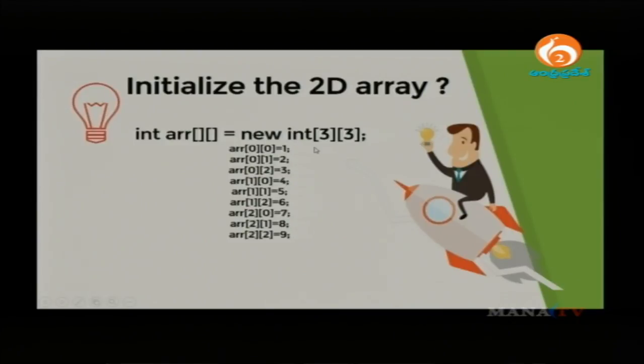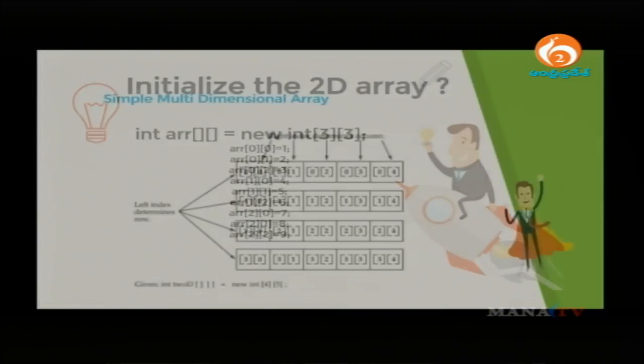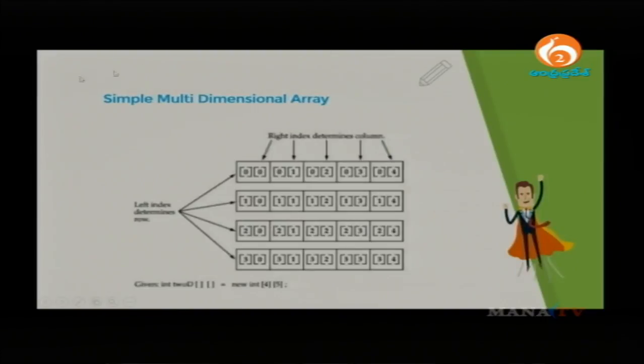First I'll show you a basic thing, how the categorization of this works. See this simple multi-dimensional array and how it looks. The positions are 0,0, 0,1, 0,2, 0,3 and 0,4. How many columns do we have? 1, 2, 3, 4 and 5 columns.